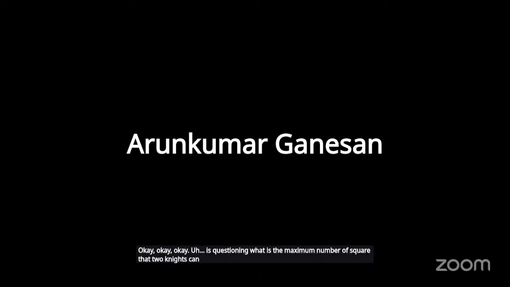So this question, what is the maximum number of squares that two knights can attack, is a question we gave them. Maybe he wants us to discuss this question briefly, just to say one or two lines about this. I think the question is pretty much straightforward, right?